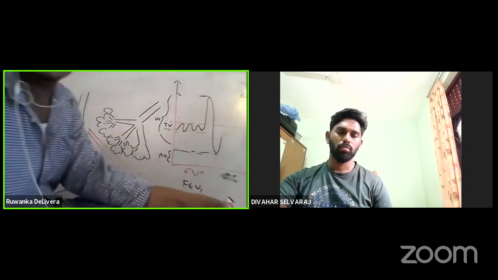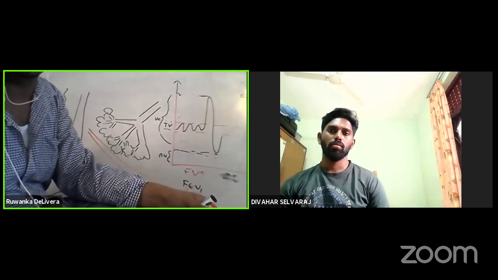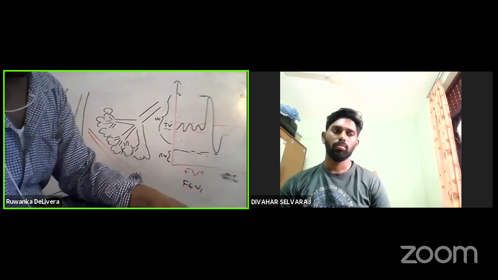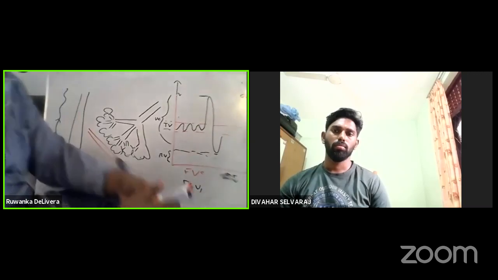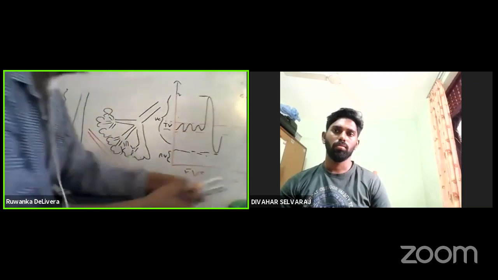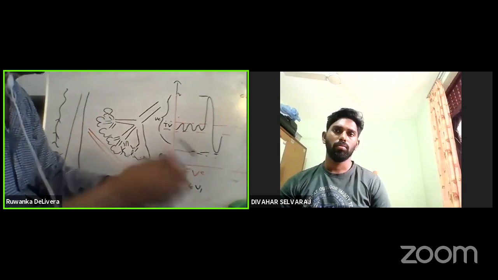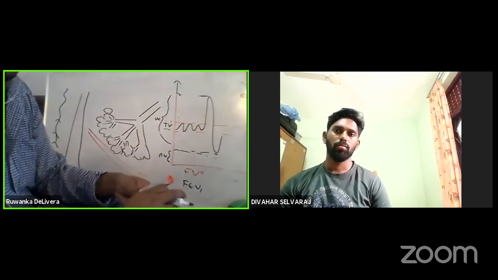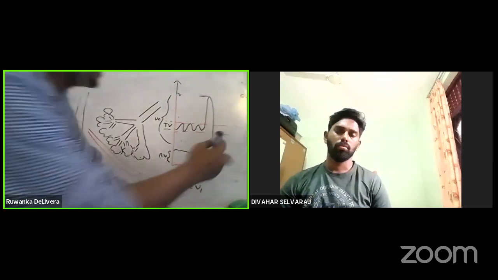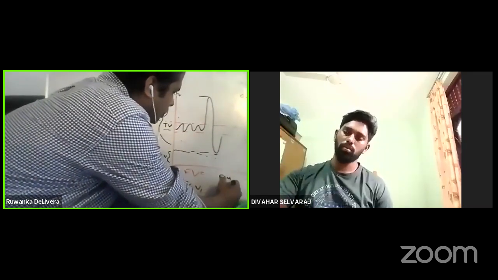Now, when discussing FEC and FEV1, there's an excellent measurement with which you can assess more accurately, right? If we take a ratio of these two, we have seen there is a very accurate formula. What is that? FEV1 divided by FEC.